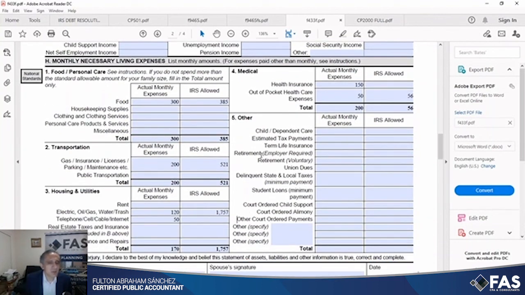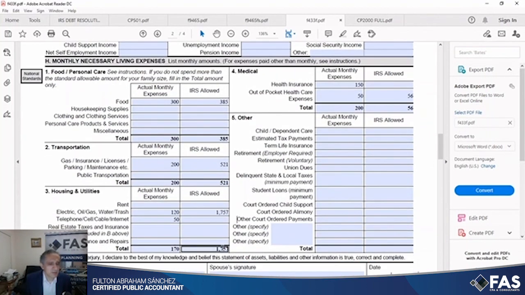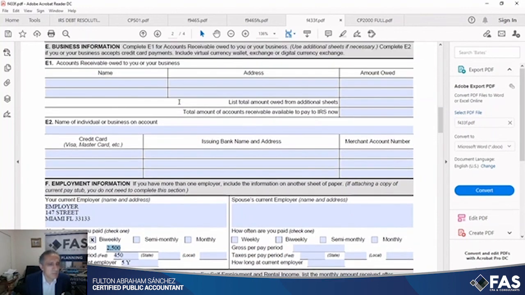It means that this will not be approved because I am doing only 300 plus 200 plus 173, 500, 670, 870, $900 in a month, and I am making $2,500 bi-weekly, meaning that I will have more than enough to pay the minimum amount, and more than that.